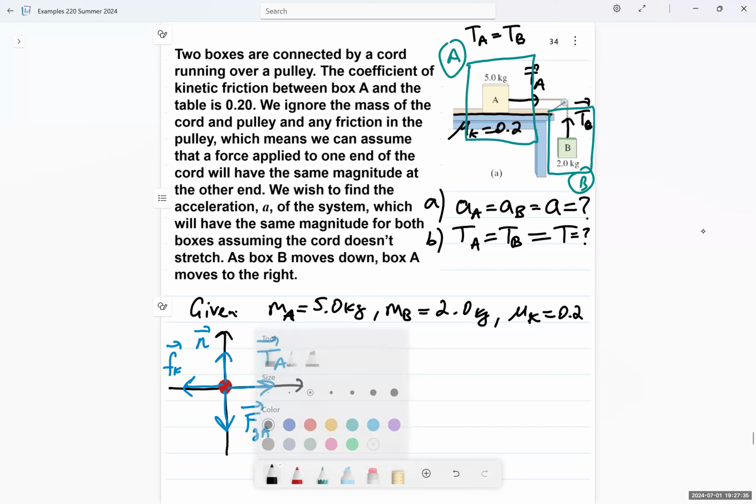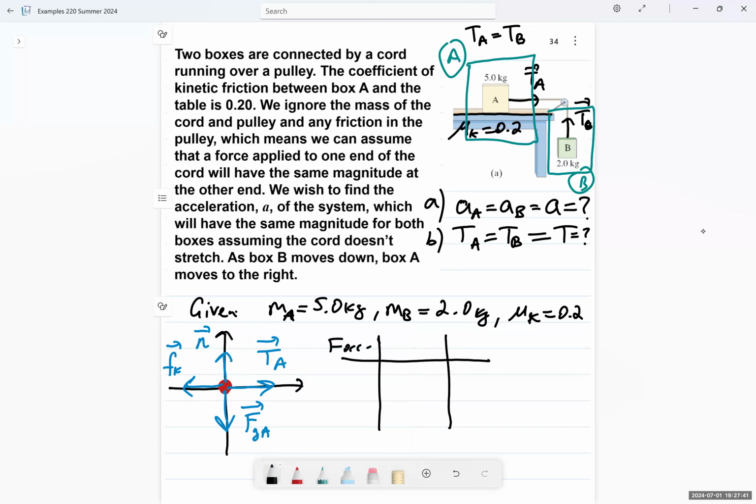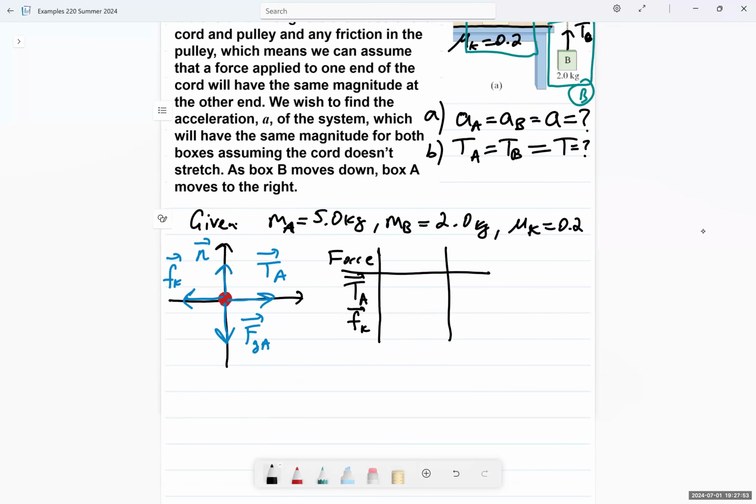So if I have to use a force table, I have to do that for the four forces that I identified. So there will be the tension T_A, there will be kinetic friction, then the normal force, and F_g of A.